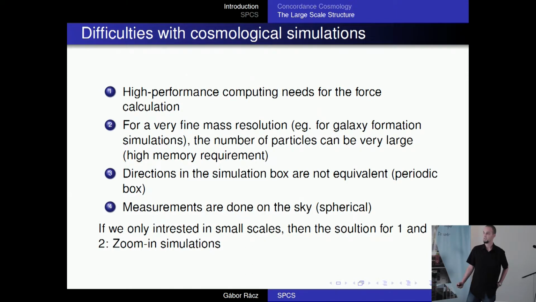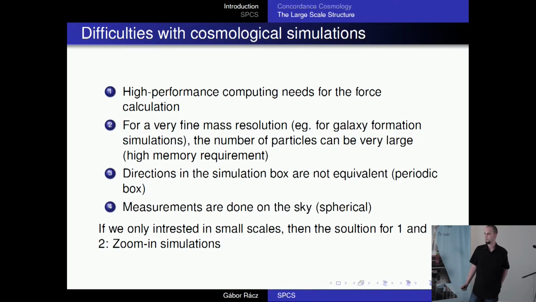And there are two minor difficulties. First, the directions in the simulation box are not equivalent. We have a periodic box, so there are distinct directions, so we need to use large volumes if we want good results. This can cause problems if we use a small box.